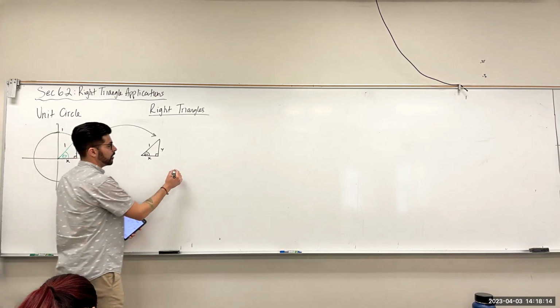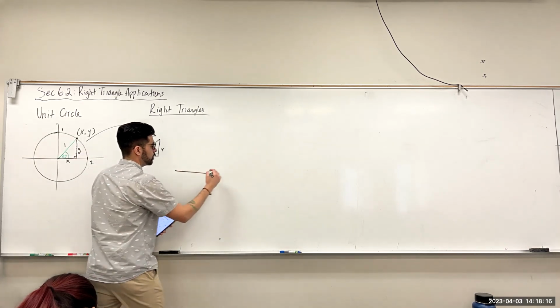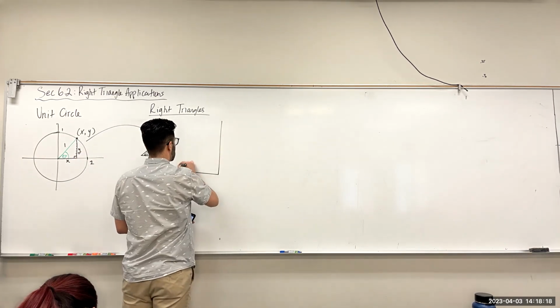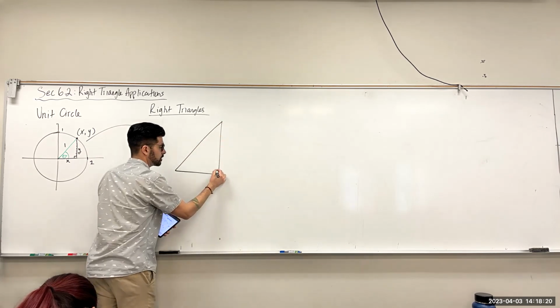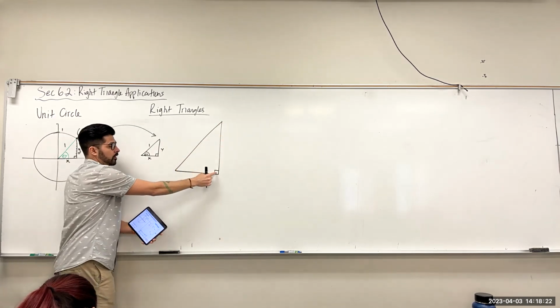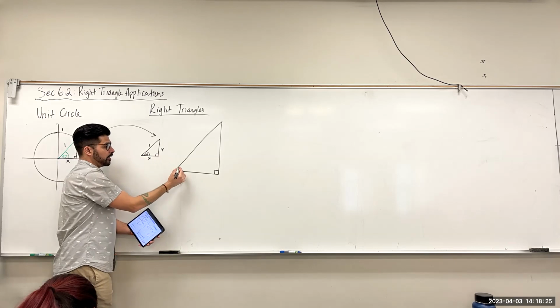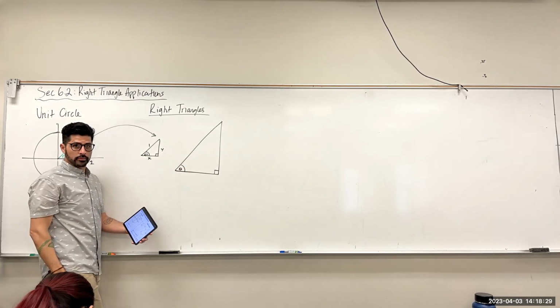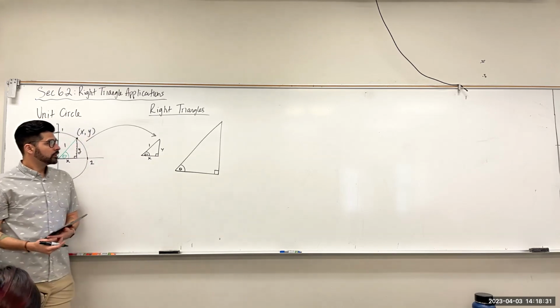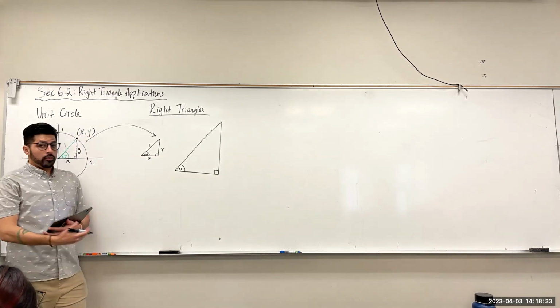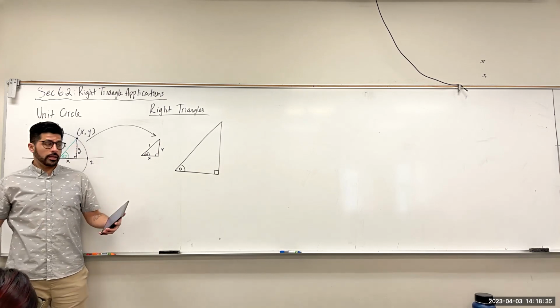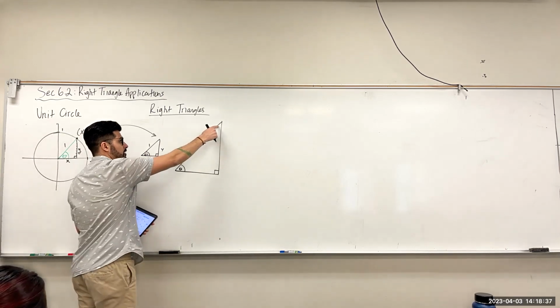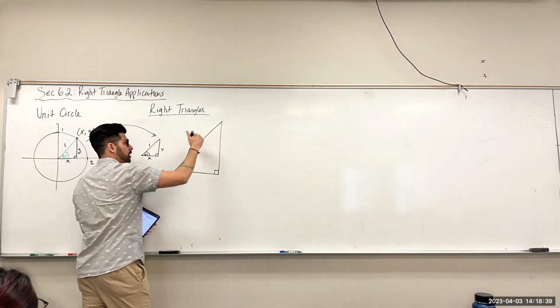And then I can consider another larger right triangle like this, so that it's a right triangle like this one, and this angle is again theta. So it's larger, it's bigger. Again, what is this side called? Hypotenuse.